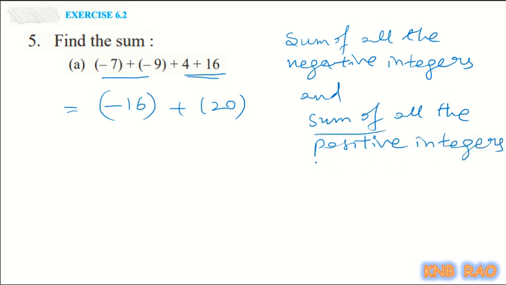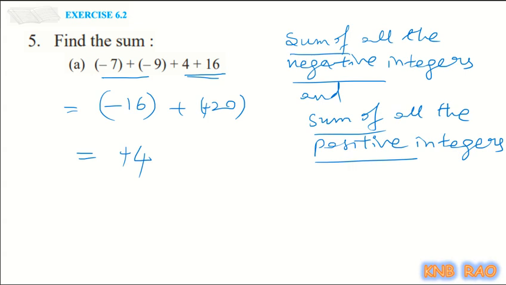When you do the sum of all positive integers and the sum of all negative integers, then it is easy to simplify at last. Here now one is a negative number, another is a positive integer. So, this 20 is bigger than 16 by 4 steps, and the nature of this 20 is plus sign, that plus sign will come automatically.